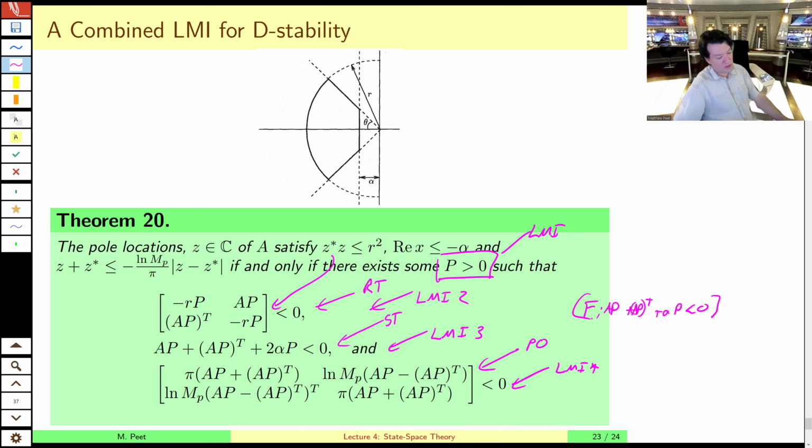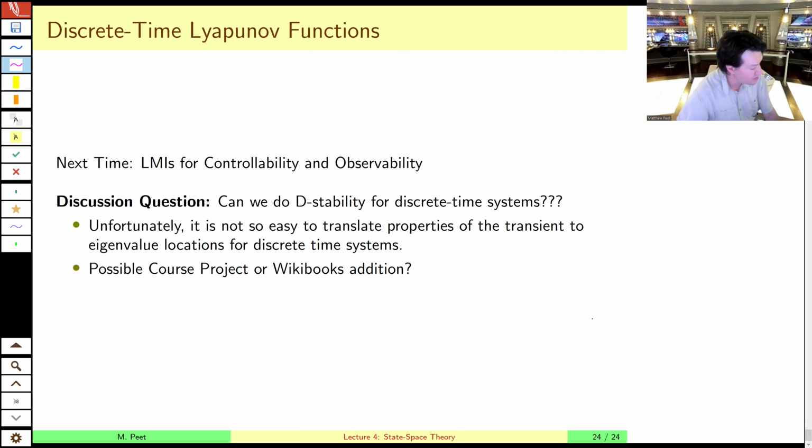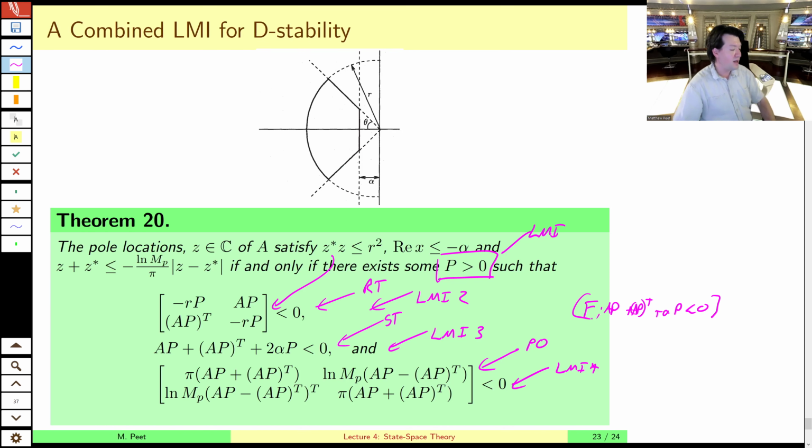Again, I don't have the implementation of the YALMIP code, but this allows us to rapidly construct LMIs, translating performance metrics to constraints on the matrix A itself, introducing the variable P as well. So we've very rapidly expanded our set of LMIs.